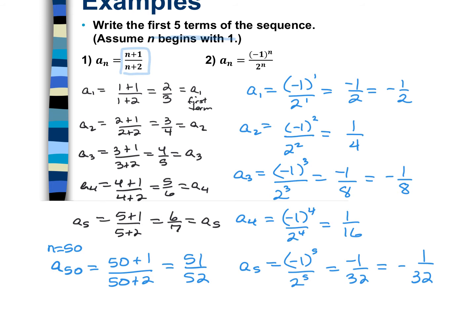Next, what we're going to do is learn how to find the sum of a sequence, which is called a series. So if I said to find the first 5 terms and then find the sum of that sequence, you would have to go back and manually add negative half plus 1/4 plus negative 1/8 plus 1/16 plus negative 1 over 32.